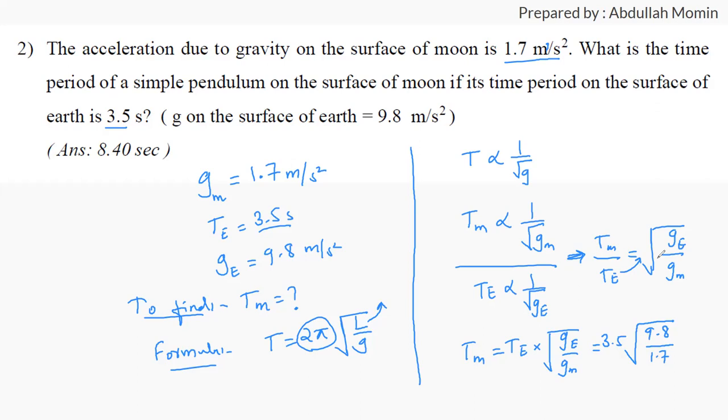So when you solve this, you will get the answer 8.40 seconds. So this is the time period on the surface of the moon.